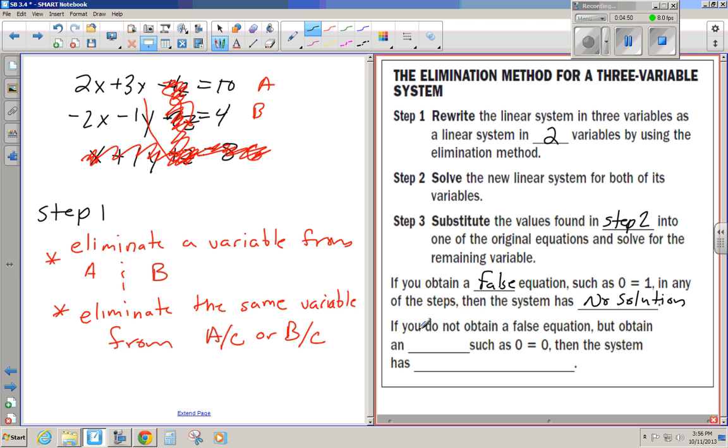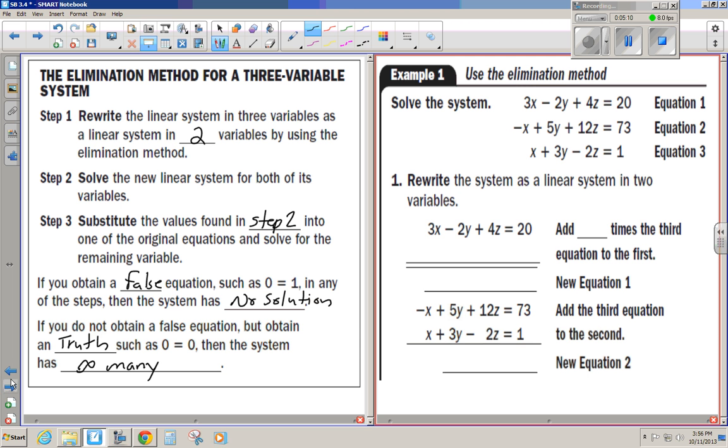If you do not obtain a false equation, but obtain an identity, a true statement such as 0 equals 0, then the system has infinitely many solutions. So you're going to have to be very, very patient and very, very organized.